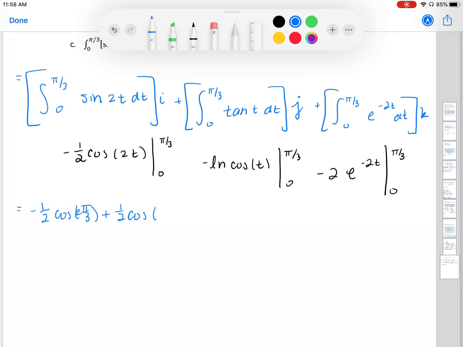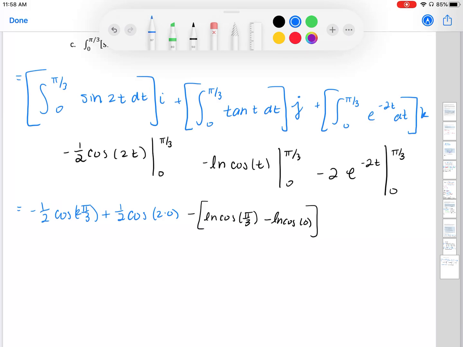Next, we have minus, I'll write a little parentheses so I don't lose track of that, the ln of cosine at pi over 3 minus the ln of cosine at 0.